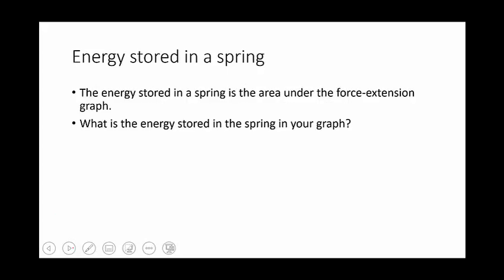Okay, so the last thing I want you to do today is work out the energy stored in the spring from the experiment in your graph. So we do that by working out the area underneath the force extension graph.